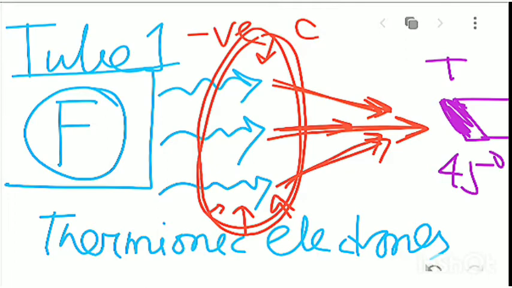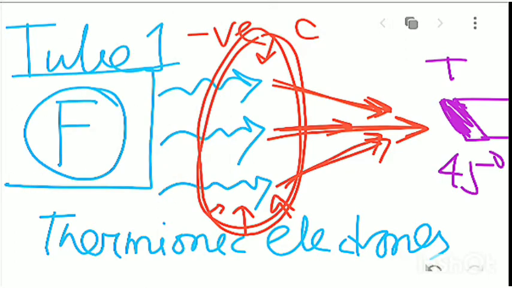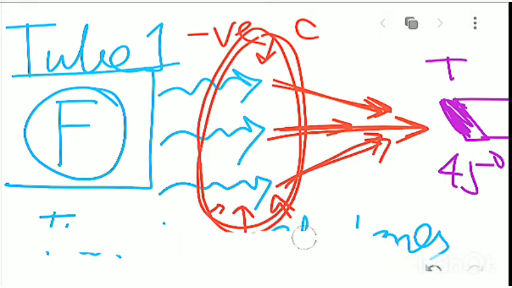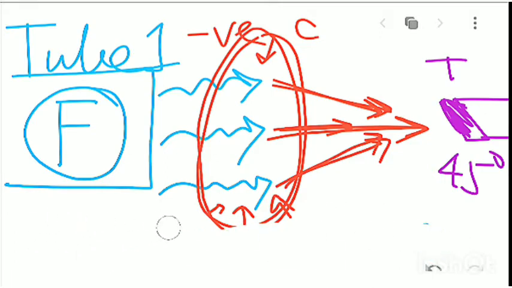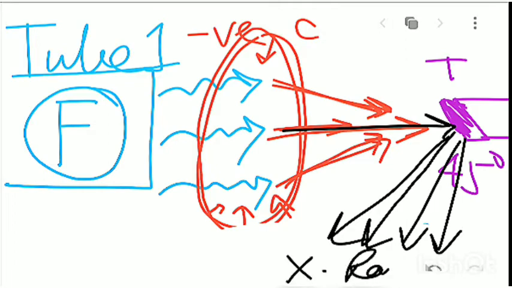When these perfectly focused cathode rays, the thermionic electrons, strike their target T, here they emit X-rays, and from here X-rays are emitted, and this is how the production of X-rays is done.